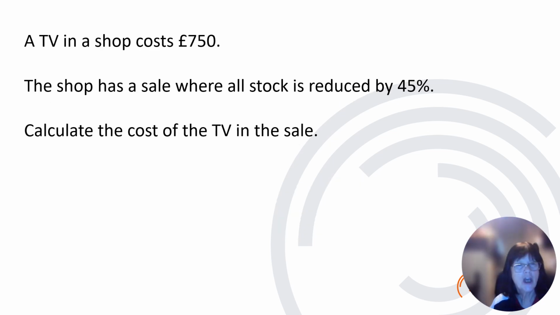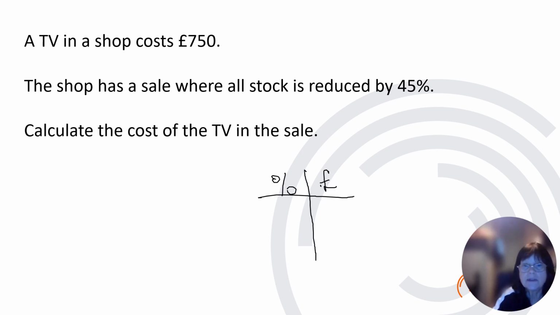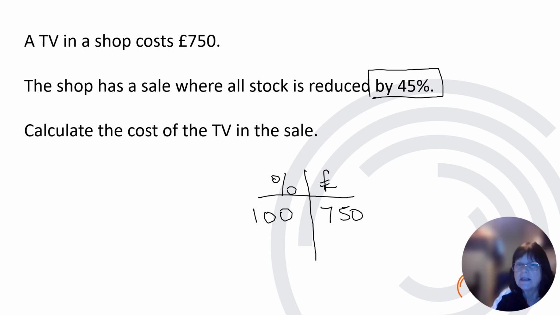Okay, let's look at a reduction and see if this makes sense. A TV in a shop costs £750. The first thing I'm going to do is put percentage and pounds. I'm going to say that 100%, the full price of the TV, is £750. Now it is reduced by 45%.